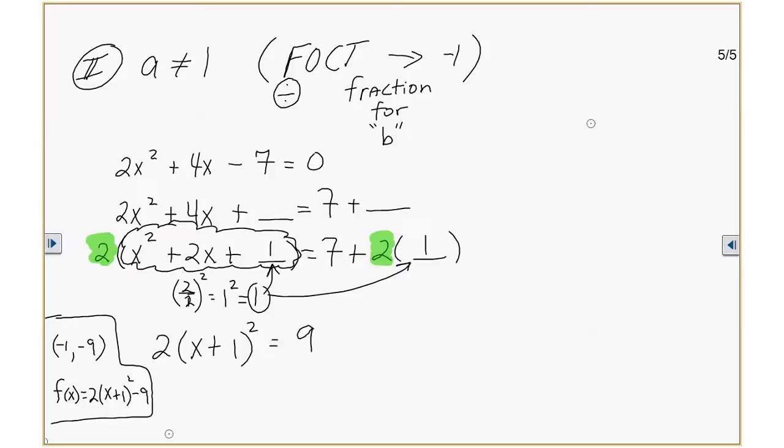It is going to be compressed, or stretched along the y-axis. It's going to be skinny. And our vertex is 1 to the left and 9 what?